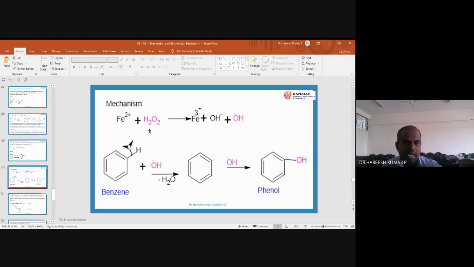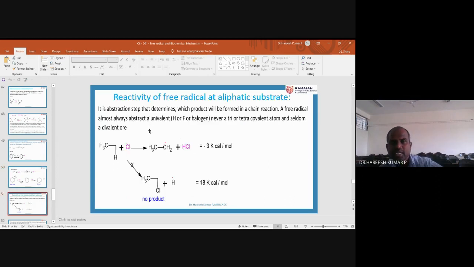So with this, I will go to the next concept, that is reactivity of free radical at aliphatic substrate. Aliphatic means aliphatic compound. So here I am taking ethane as the aliphatic compound.